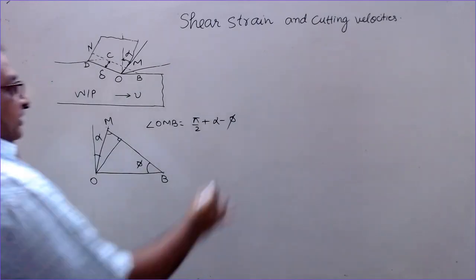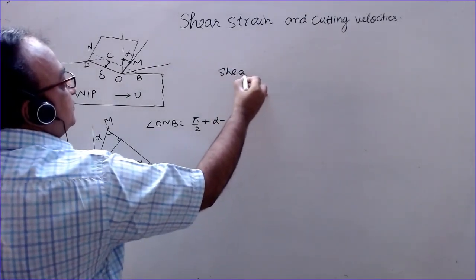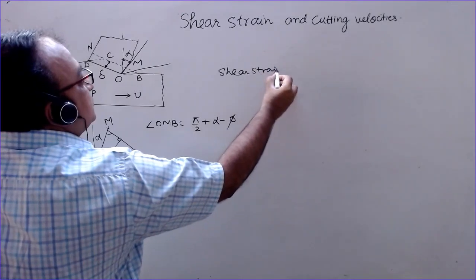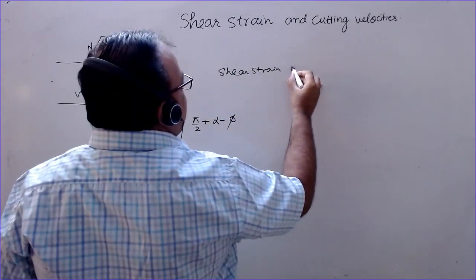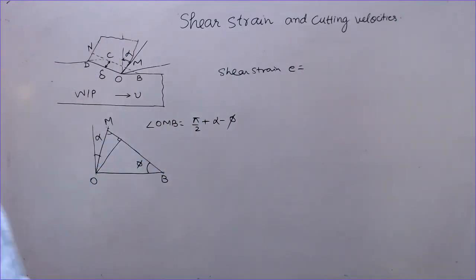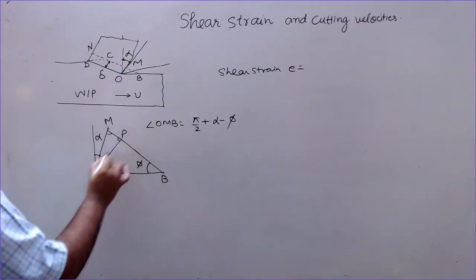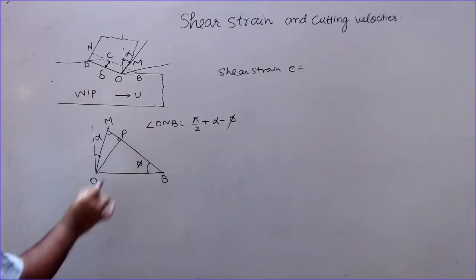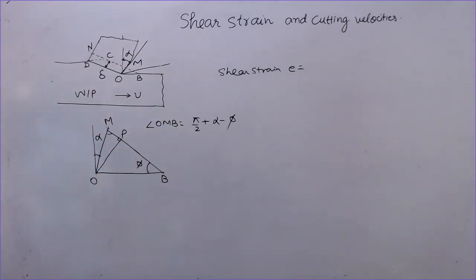Now the shear strain, suppose I write this as E. This is defined as, suppose this point is P. I drop a perpendicular from here. This point is P. Length of OP is equal to delta.